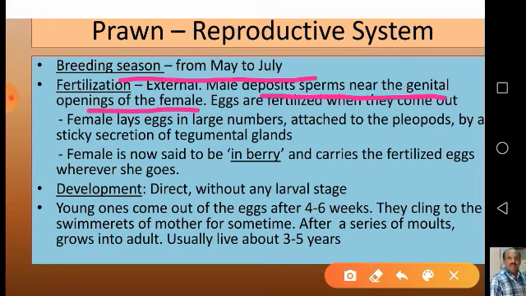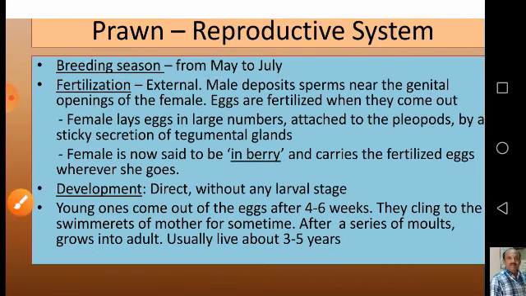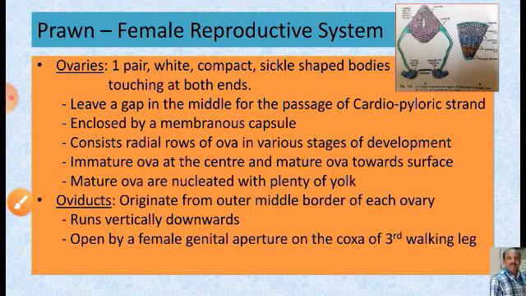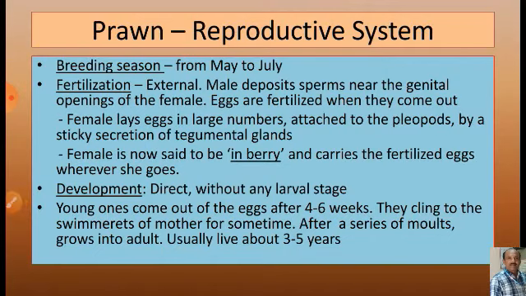Then the female lays eggs in large numbers, because generally the animals have to continue their race. As the environment is not always the same, it is always changing, and it poses many problems to the organisms to live.